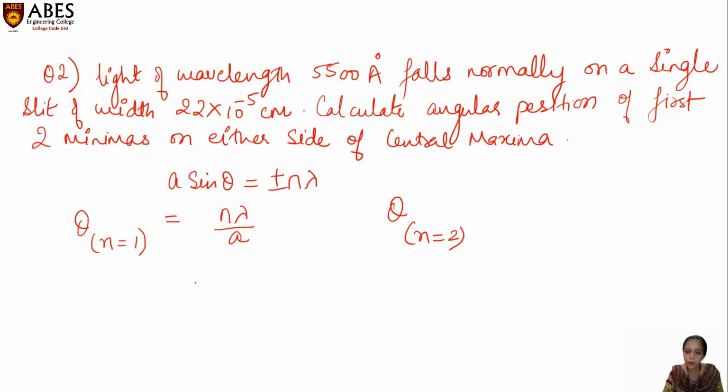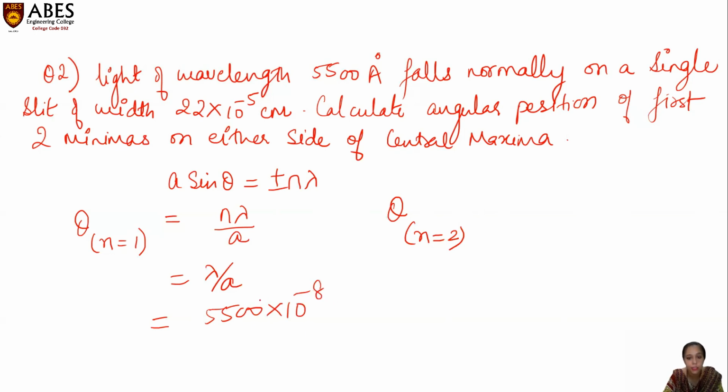Theta is very small, so from small angle approximation, we can write sin θ as nearly equal to θ. So for n = 1, it will be λ/a. If we solve it, λ is 5500 × 10^-8. We have to take care about the units.